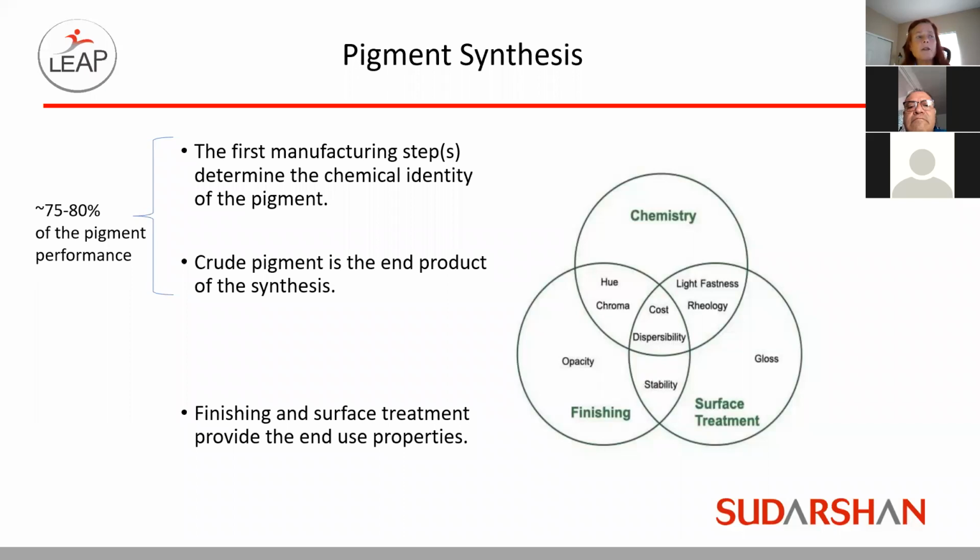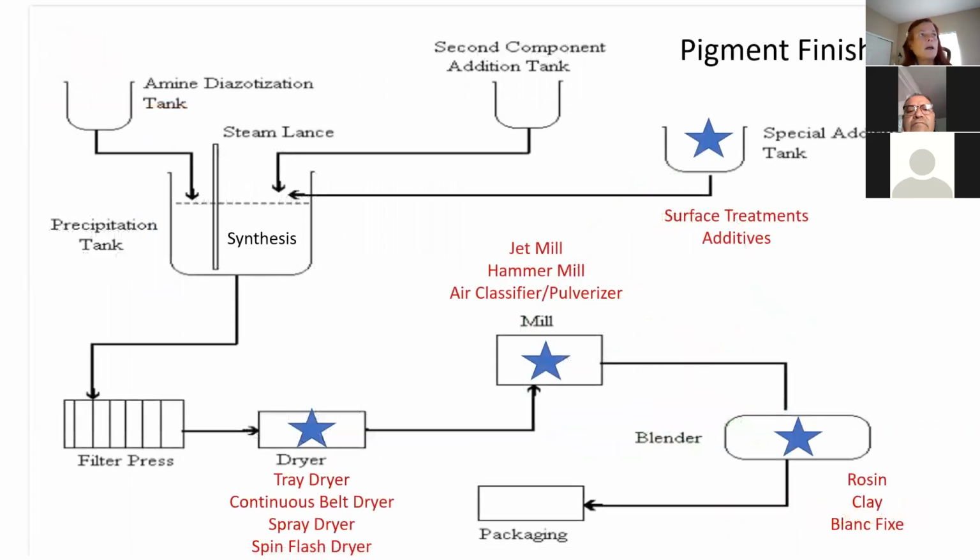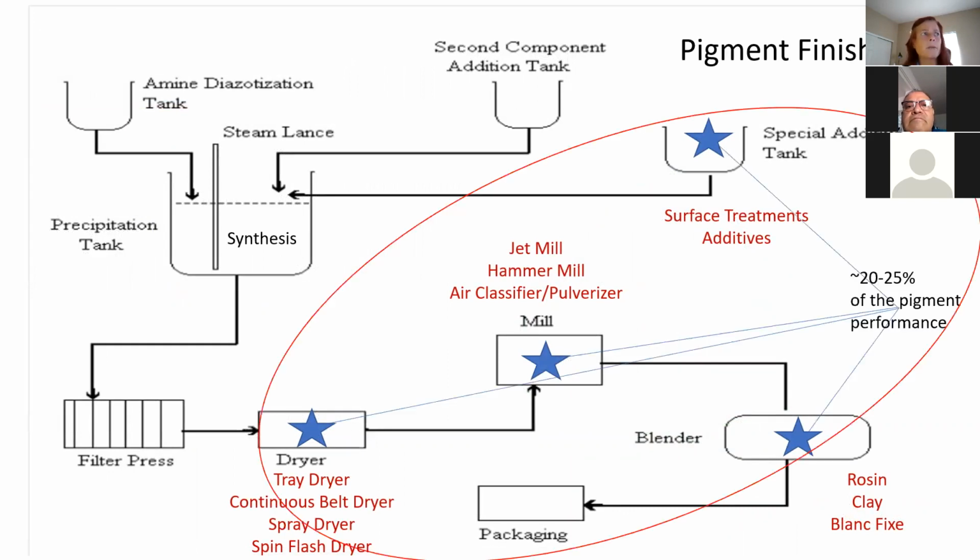So a lot of that performance is really tied to that chemistry or color index. And then I believe in the June webinar we talked about pigment finishing, and the pigment finishing then makes up the remaining 20 to 25% of the performance.